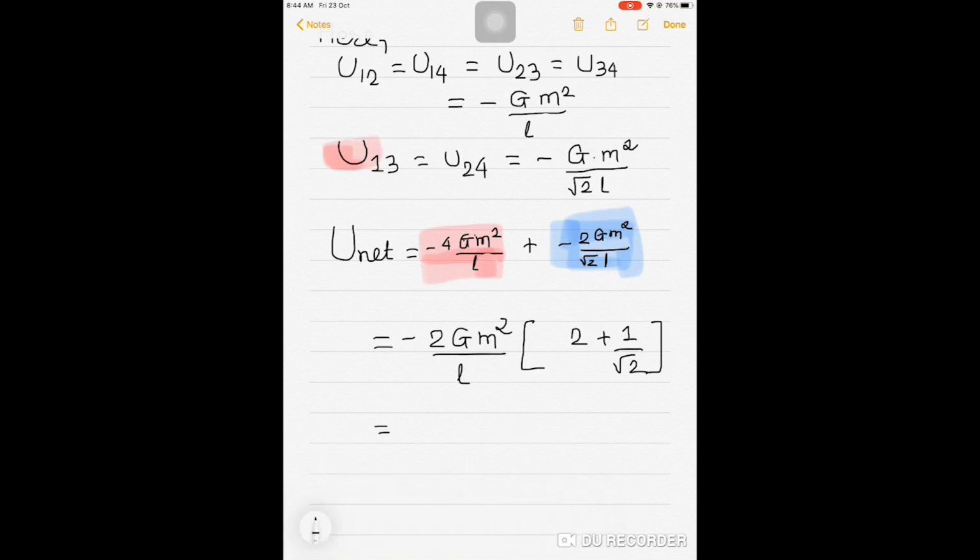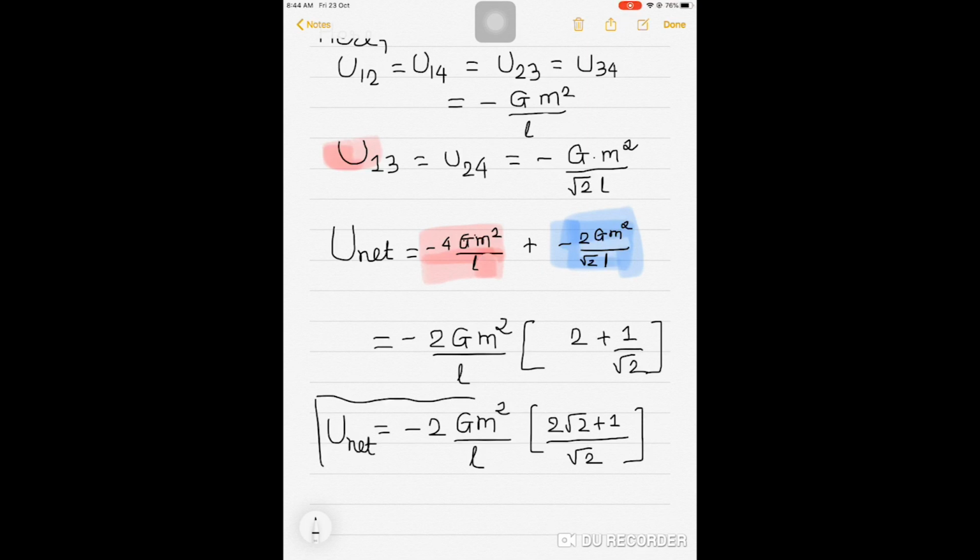That is, minus 2 times G m square over l, times 2 root 2 plus 1 over root 2, and this is the simplified potential energy of the system. So in the given system, this is the answer.